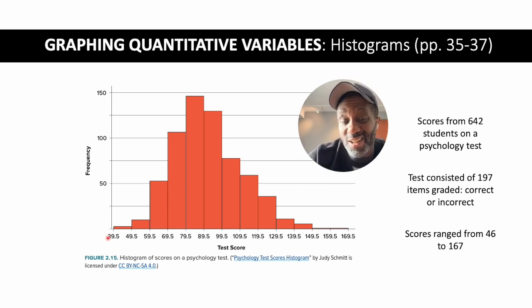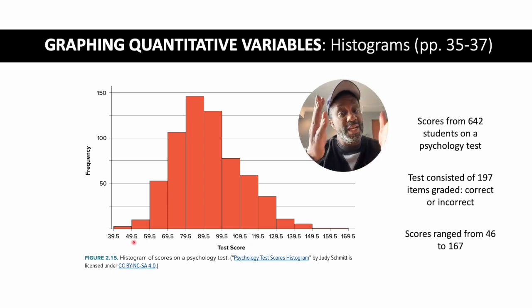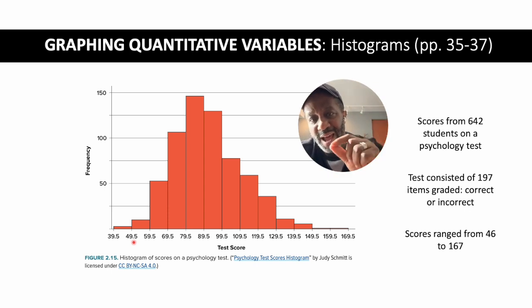In this case, the x-axis is still the category, and the categories are each bin. You can see that the bins go from 39.5 to 49.5, and they go to the 0.5 to make sure that no score is overlapped, so that it can only go in one bin or another.